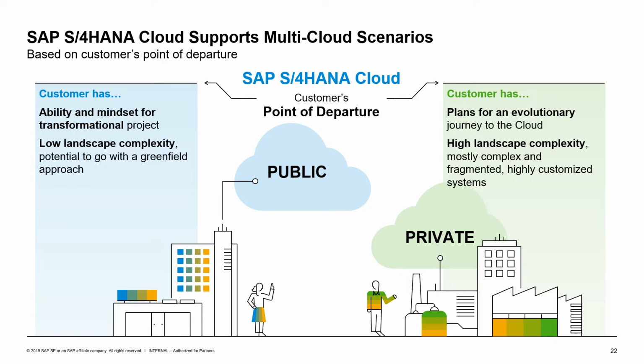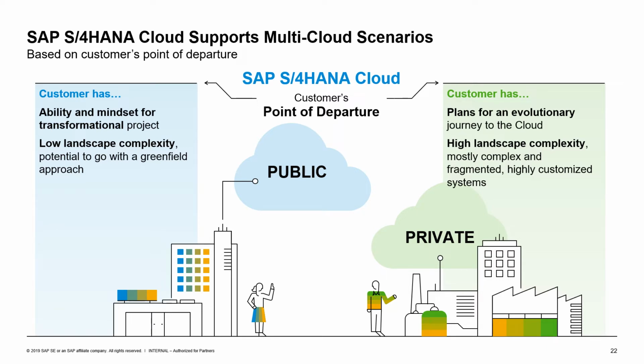So you see here in the middle, there's SAP S4HANA Cloud. And then we look at the customer's point of departure. On the left in blue, the customer here has the ability and mindset for a transformational project, the low landscape complexity, and a potential to go with a greenfield approach. That will lead your decision and recommendation for your customer to go public.